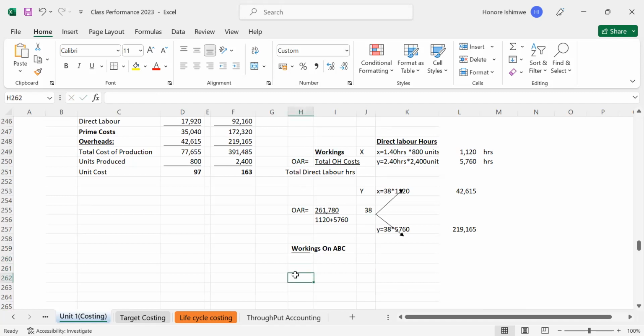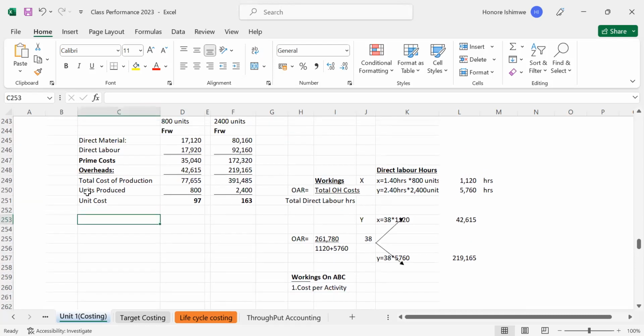Now, I said one step is to determine the cost per activity, so let's find the cost per activity. Then part 2, we need to allocate our costs to their respective cost centers. Now, how to go about this?